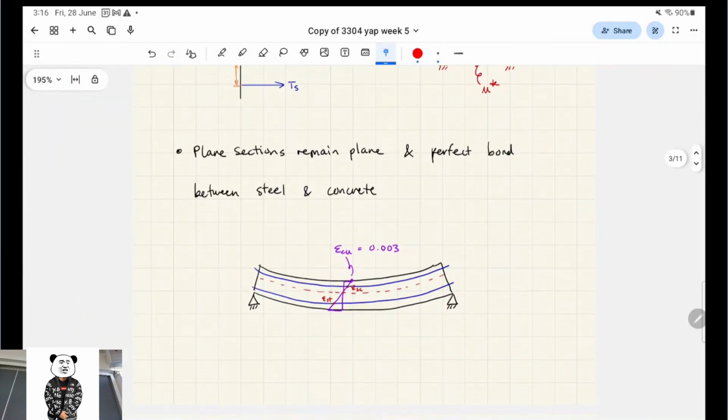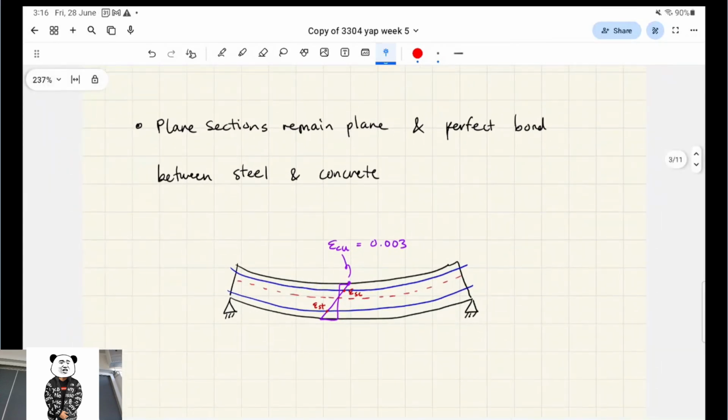Okay. And then this one is from, I think you see Taewon talking a lot about curvature. So curvature is just one part of engineer's beam theory, but the main idea is that there's a perfect bond between the steel and concrete.